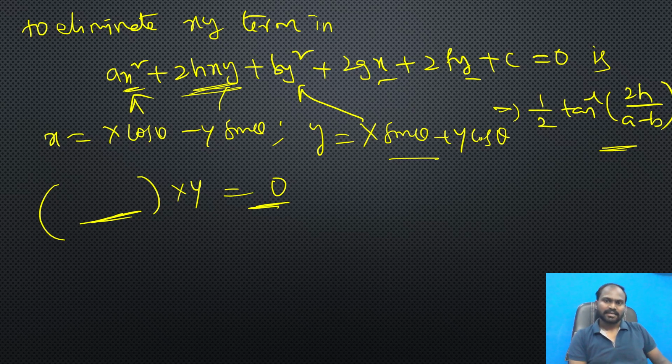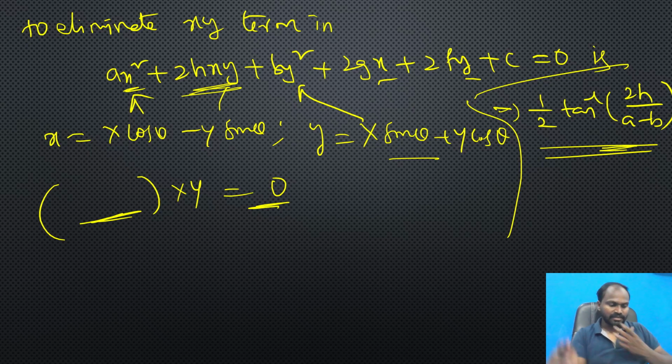Simple. Nothing else is needed. You should know the formula, which is half into tan inverse of 2h by a minus b.